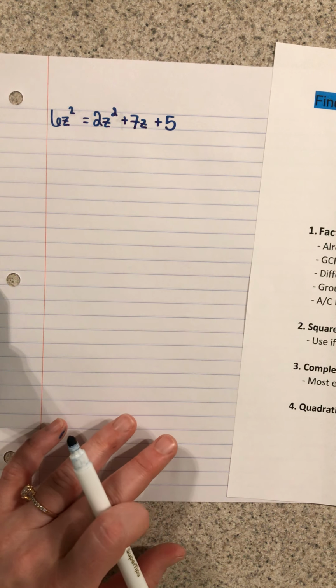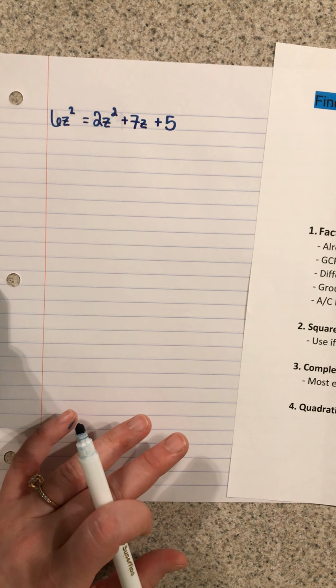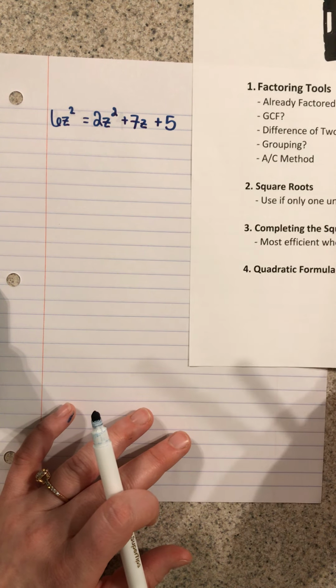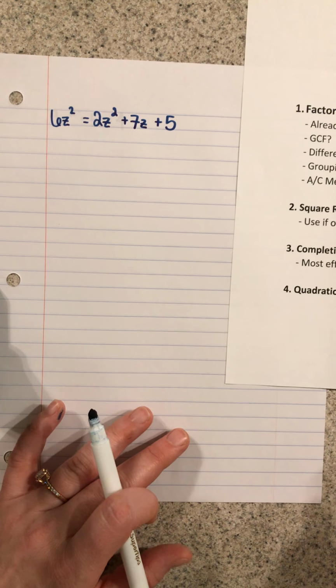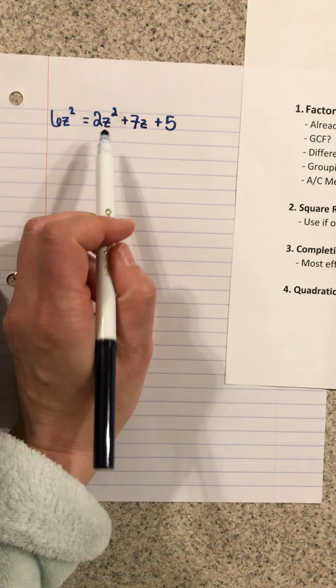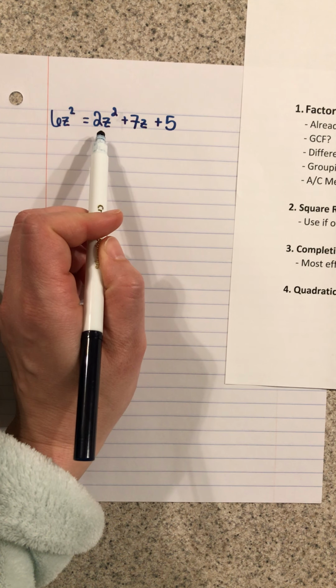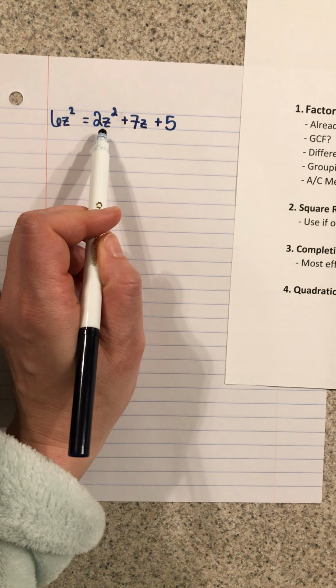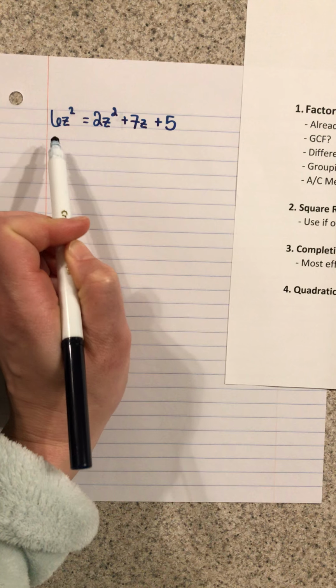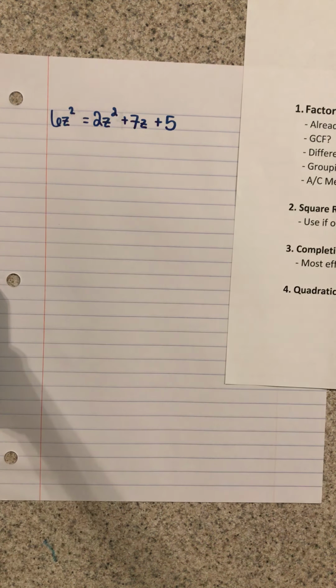Okay, this problem needs some rearranging to be done before I start going through my tools or my list of options. I see some like terms here. These are both z squared terms, so I'm going to subtract 2z squared and move it over to the left side of my equation.